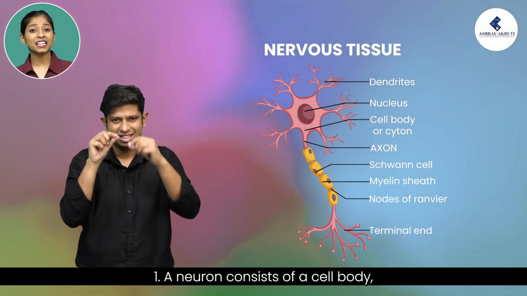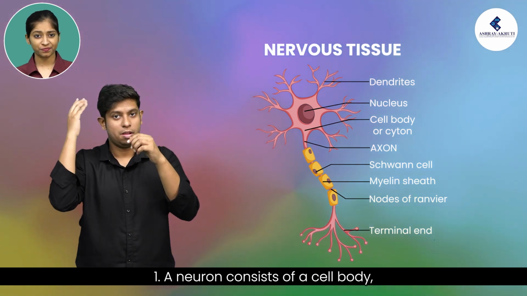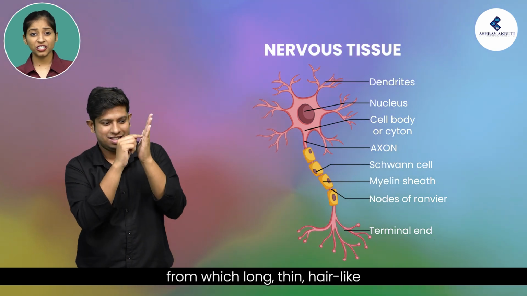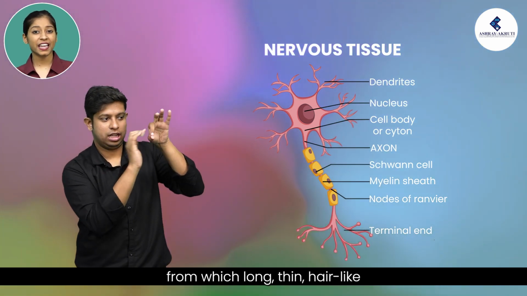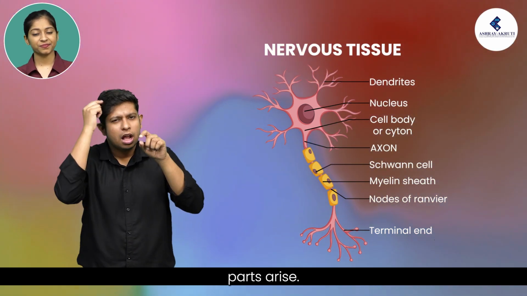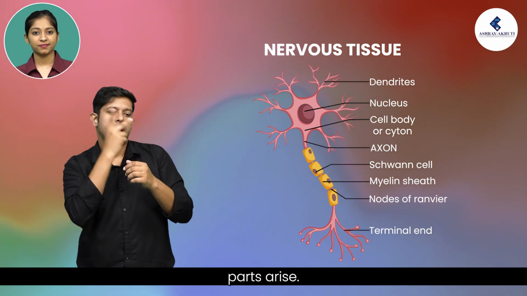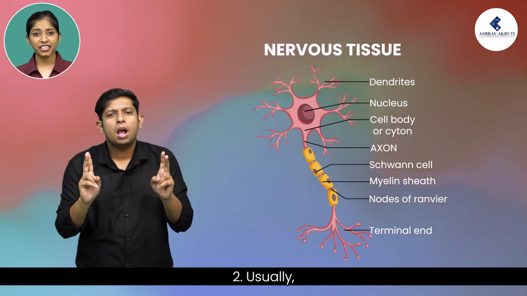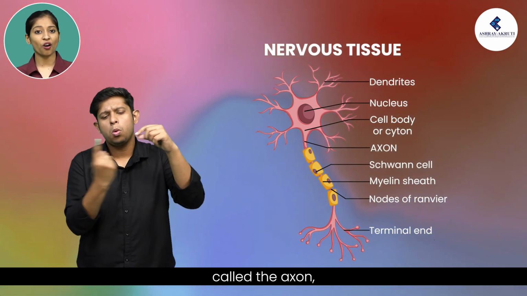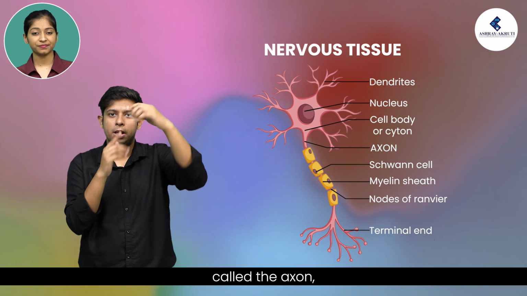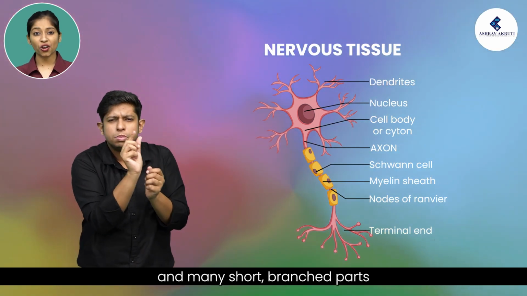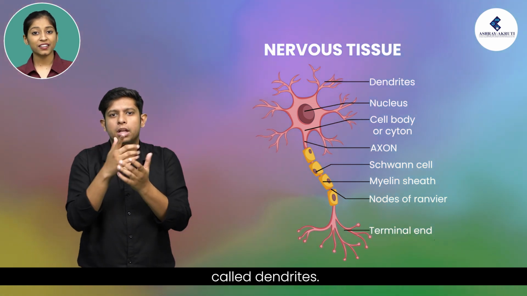A neuron consists of a cell body with a nucleus and cytoplasm, from which long, thin, hair-like parts arise. Usually, each neuron has a single long part called the axon and many short branched parts called dendrites.